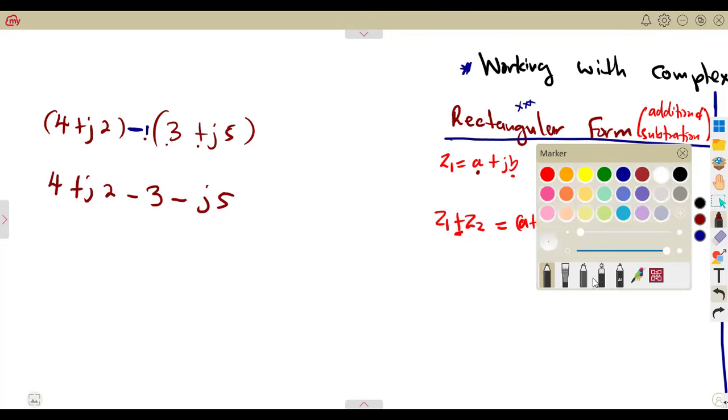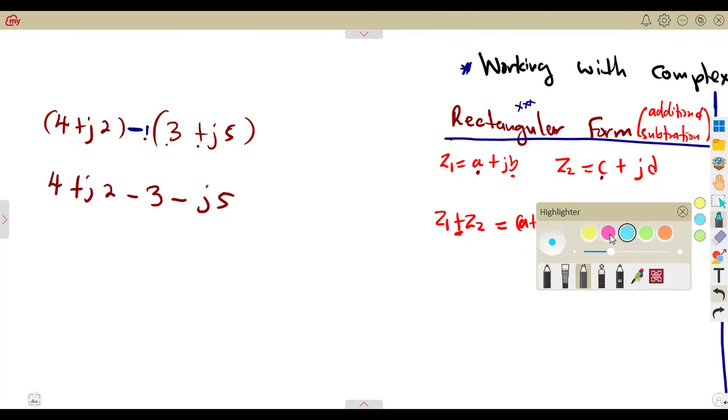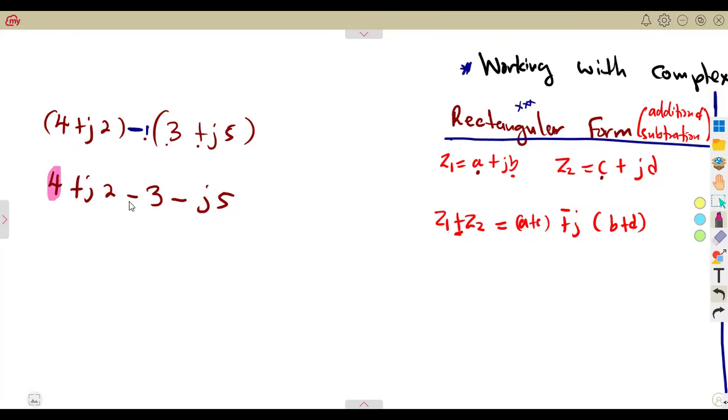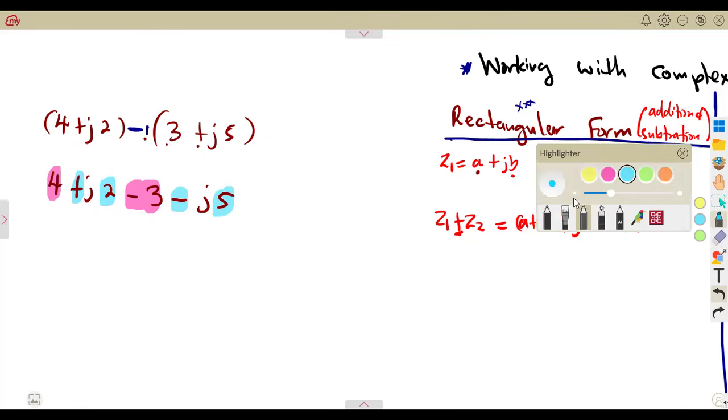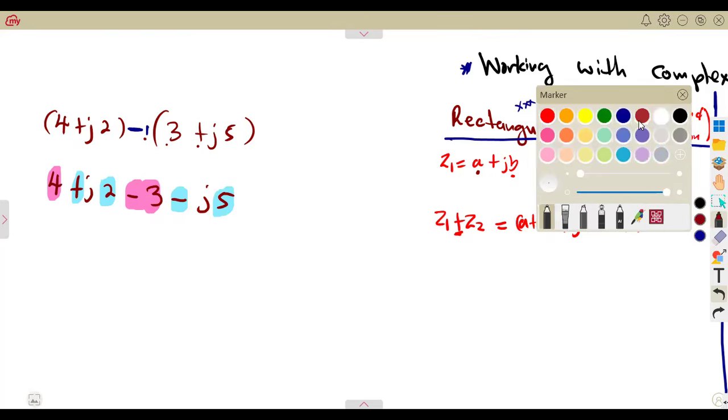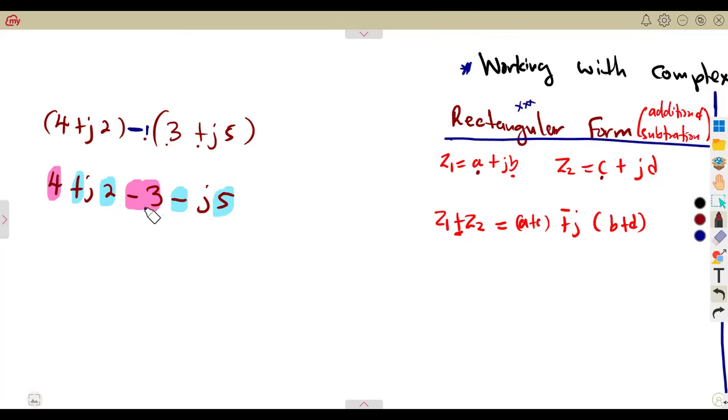So again, we are back to our terms. The real terms on their own, the 4 and the minus 3. The imaginary terms, you have to consider the part of J, but this is plus 2 minus 5. The sign has to be considered there. So the real part is 4 minus 3, that's 1.